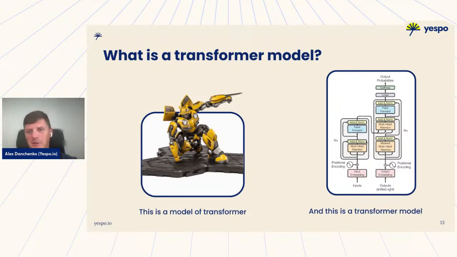But there are some elements. First of all is the attention element, which helps the system to understand the main words in the sentence, that helps to understand and keep the meaning of the sentence when it goes through the way of transformations.